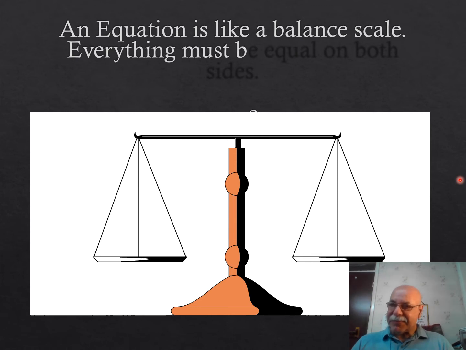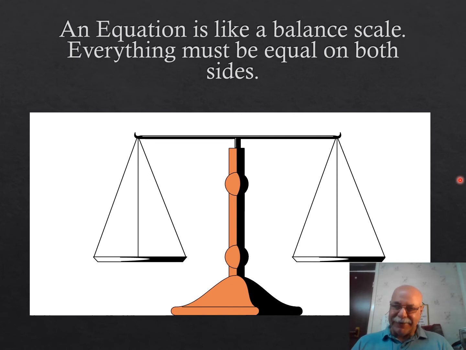Everything must be equal on both sides. Again, any equation is like a balance between this side and this side. Everything on this side must be equal to this side.